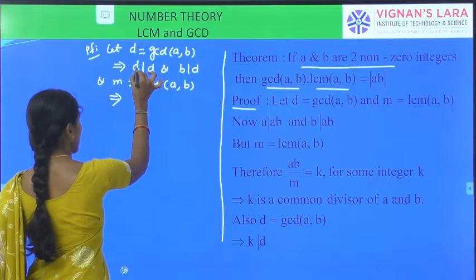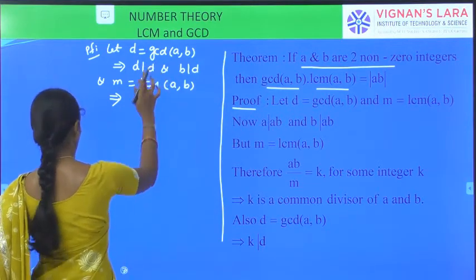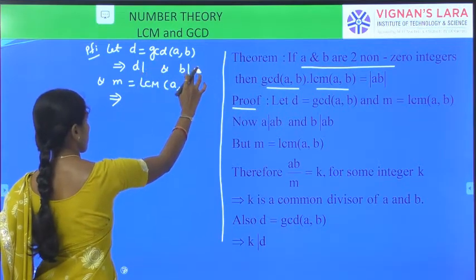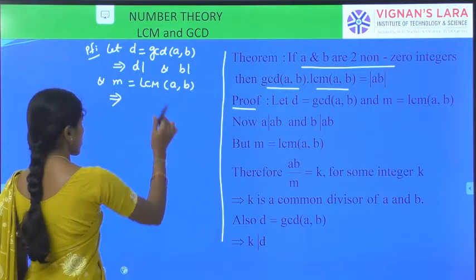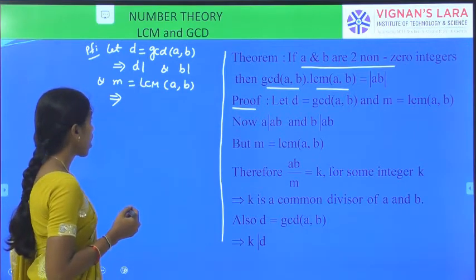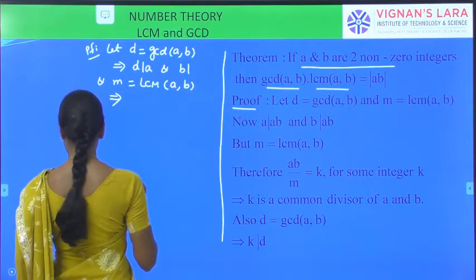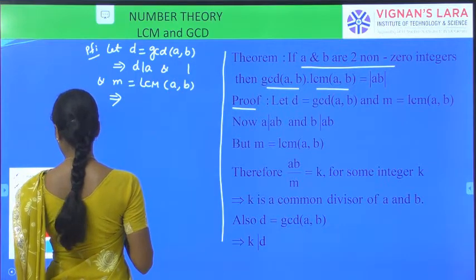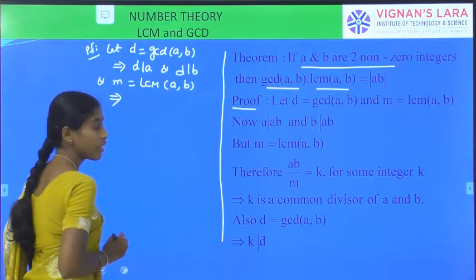See here, D is the GCD of A comma B, which means that D is a common divisor of both A comma B. D divides A and D divides B, right?